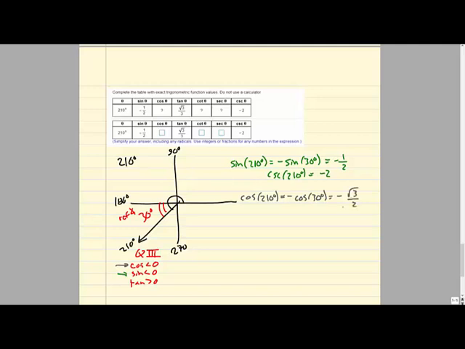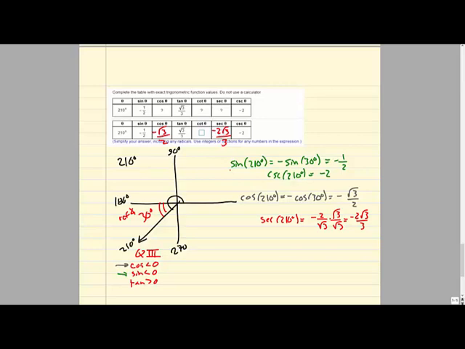So this up here should be negative square root of 3 over 2. Now, if I know the cosine, I also know the secant is the reciprocal. So that would be negative 2 over root 3. And then I'd rationalize it, and that's negative 2 root 3 over 3. So secant would be a negative 2 root 3 over 3.